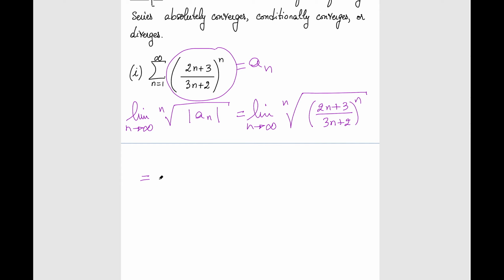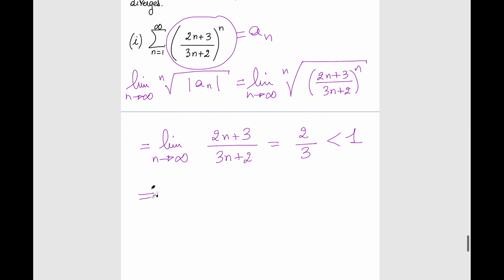So this is the limit as n goes to infinity of 2n plus 3 divided by 3n plus 2, and this is 2 over 3, which is less than 1. So by the root test, the series is absolutely convergent.